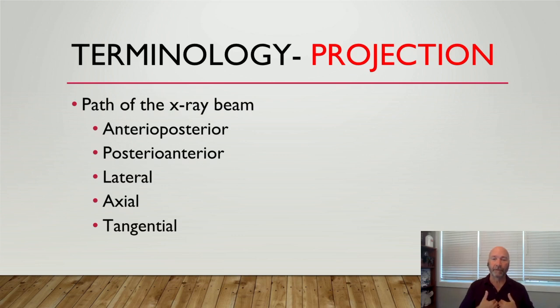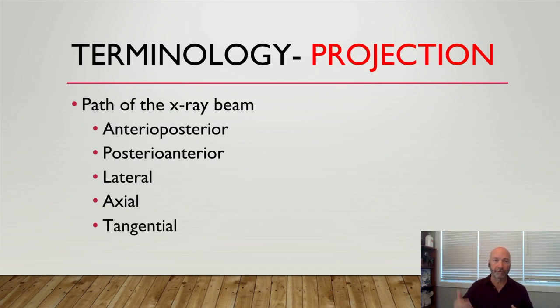So again, the front of the patient is the anterior surface, the back of the patient is the posterior surface. So if the X-ray beam is coming from in front of the patient and it strikes their anterior portion first and then exits their posterior portion, that would be an anterior-posterior projection.